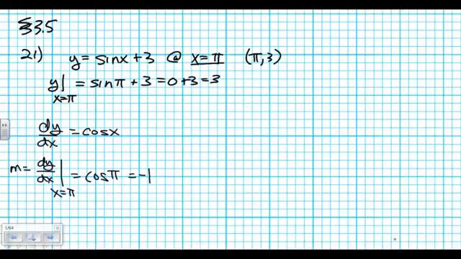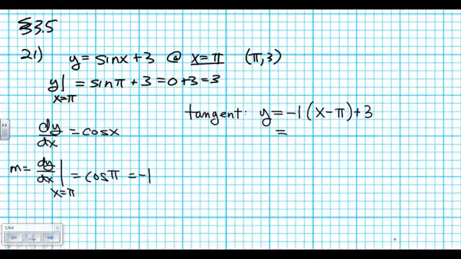And now we have the elements that will help us find the tangent line. So let's very clearly declare, what are we finding? The tangent, and it's equal to y equals the slope, -1, times the quantity x minus pi, plus 3.